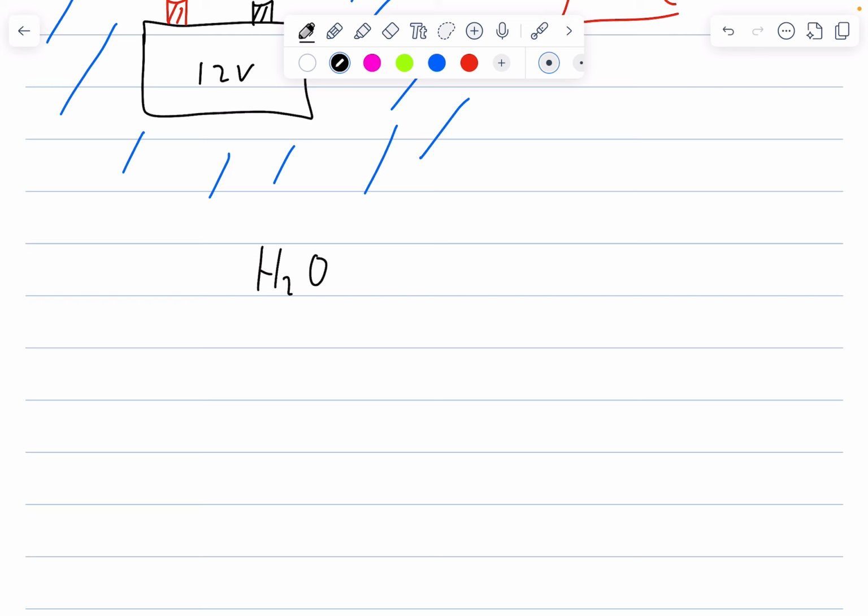Oxygen has eight, so it does have 8 electrons, but the first two don't count because they fill up the first valence or first electron cloud, and so oxygen actually has 6 electrons in its outermost shell, and hydrogen has 1 electron.